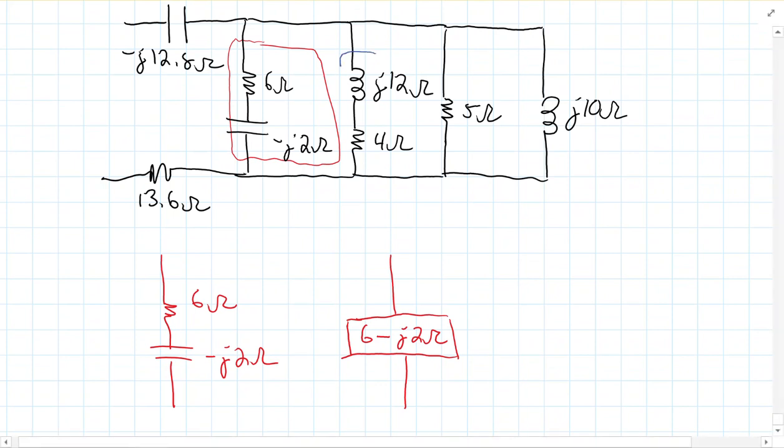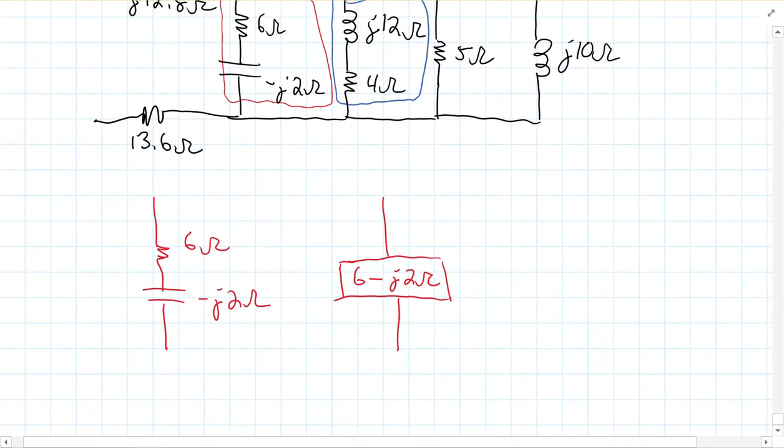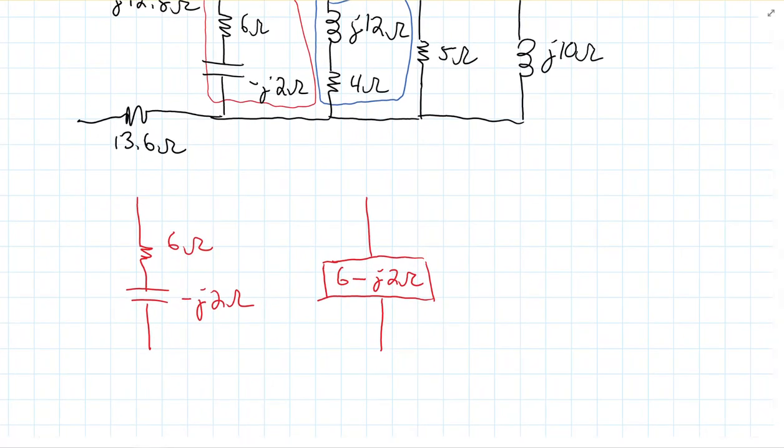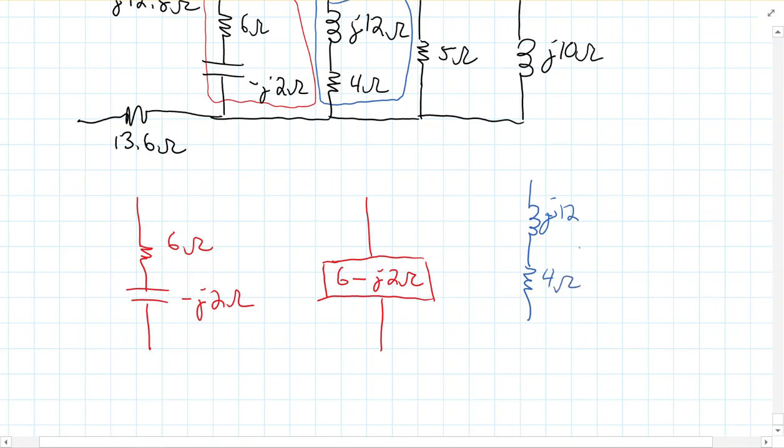And I'm going to do the same thing for these components right here. So I would have J12 and a 4 ohm, and that's just going to go to 4 plus J12 inside a box, and then the lines on there. So I'm going to redraw my circuit here.